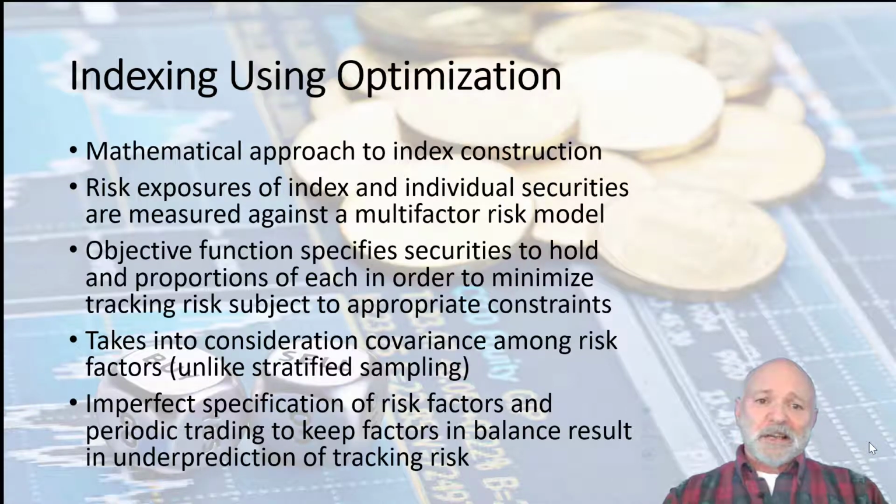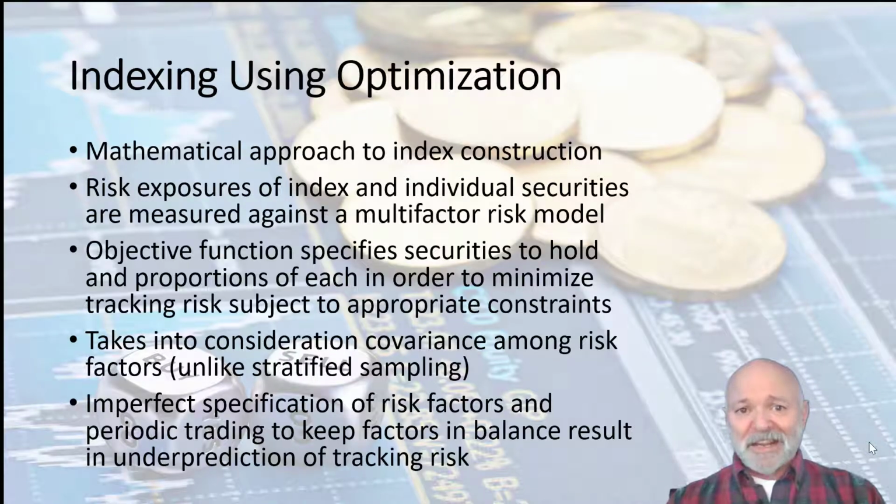So in this particular type of a multi-factor model, we're going to try to match particular index risk factors. Our objective is to reproduce the type of risk that's relevant to that particular index without actually having to buy all the stocks.